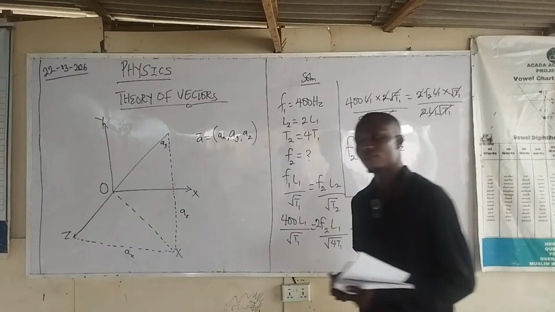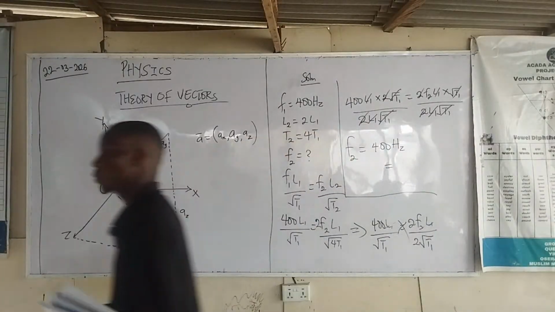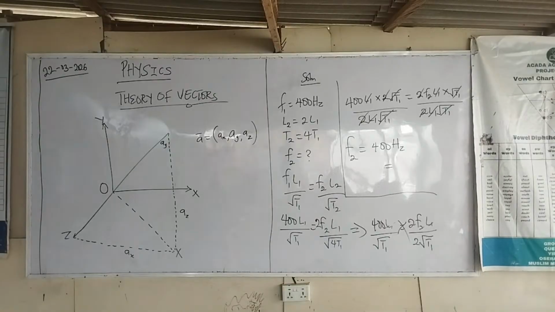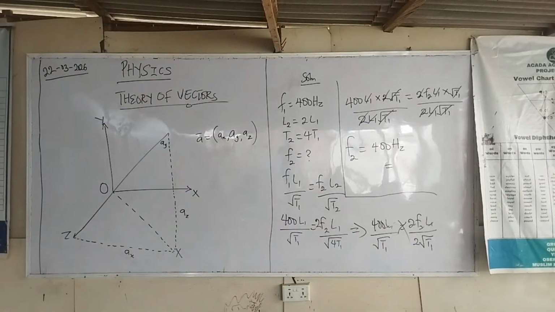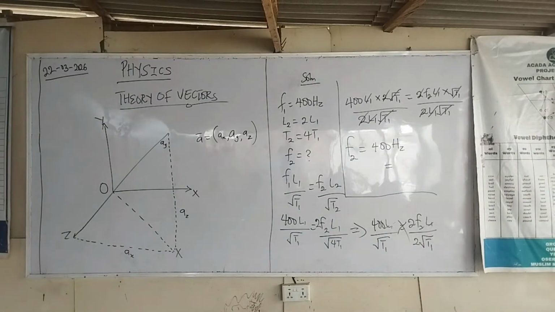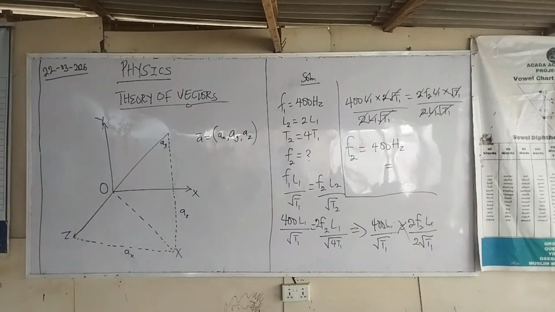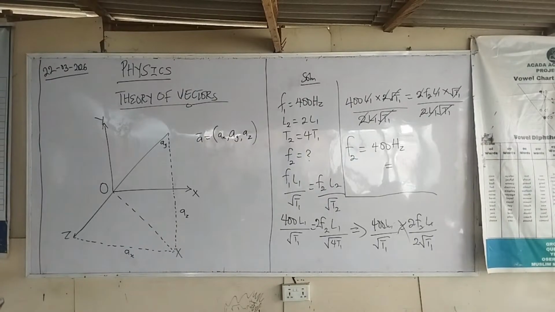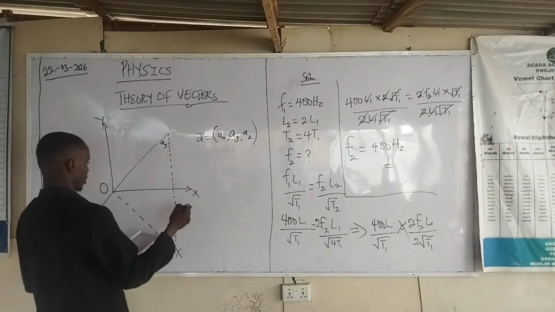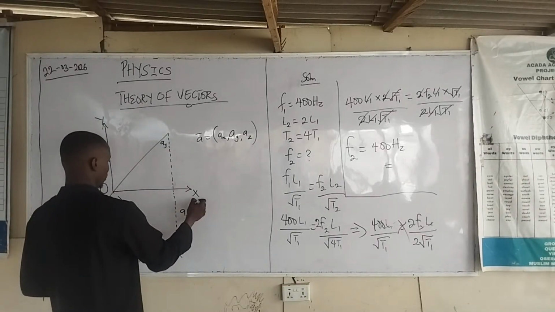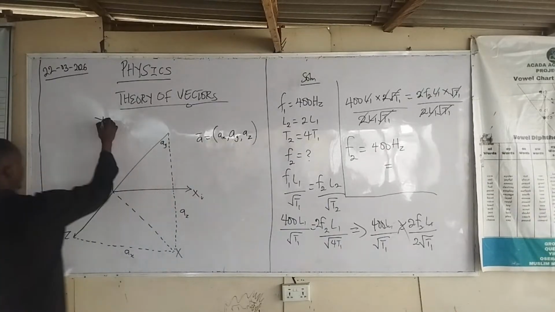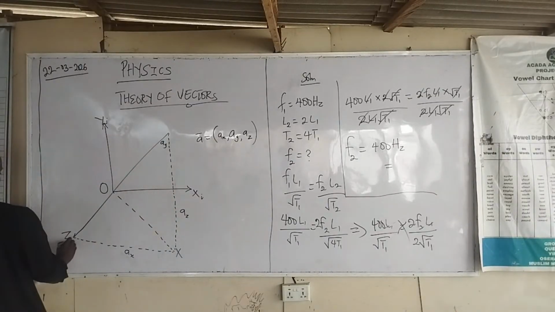So instead of having just two planes, now we have how many planes? 3 planes. And which are what? X, Y, and Z. So now this vector can also be written using i, j, and k.